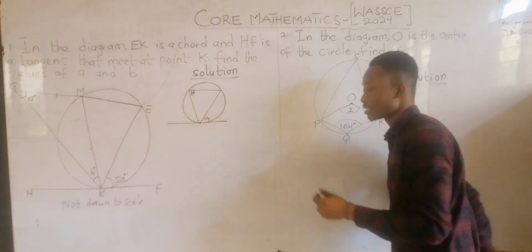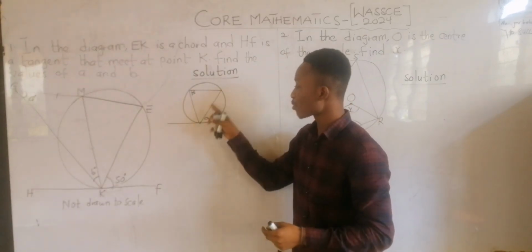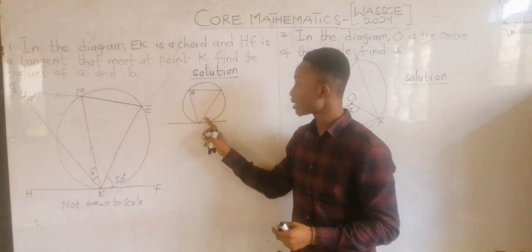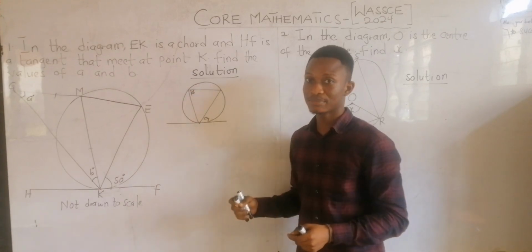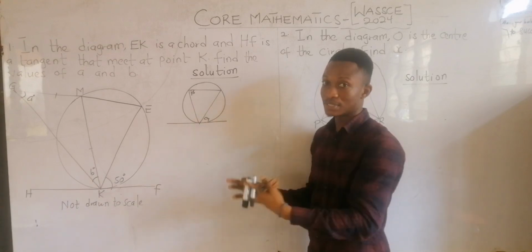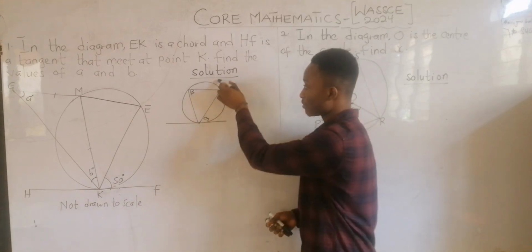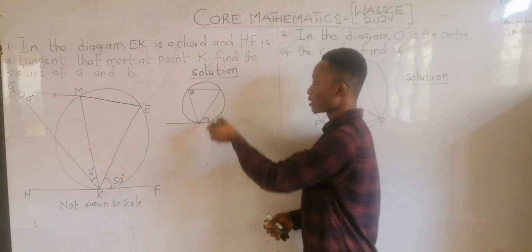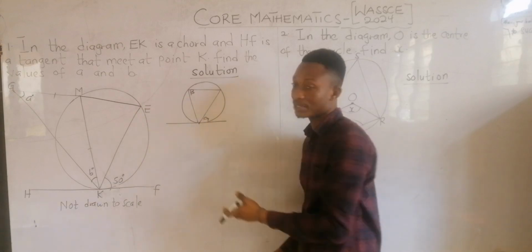So as far as the tangent property of circle is concerned, it states that the angle created by a chord and a tangent is equal to the angle at its alternate segment. You know when a chord divides a circle, it divides it into segments with unequal parts. A diameter will divide it into equal parts, but a chord divides it into segments, the minor segment and the major segment.